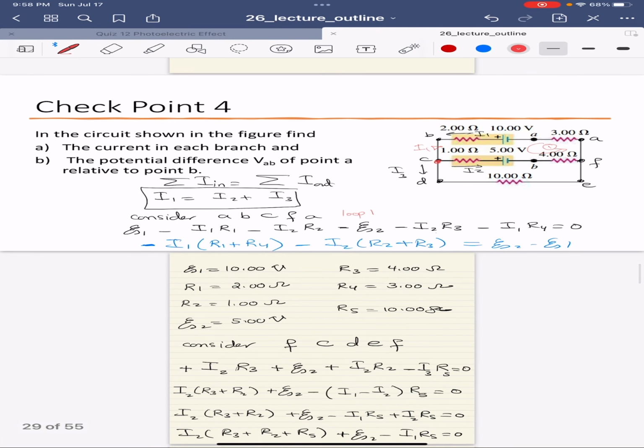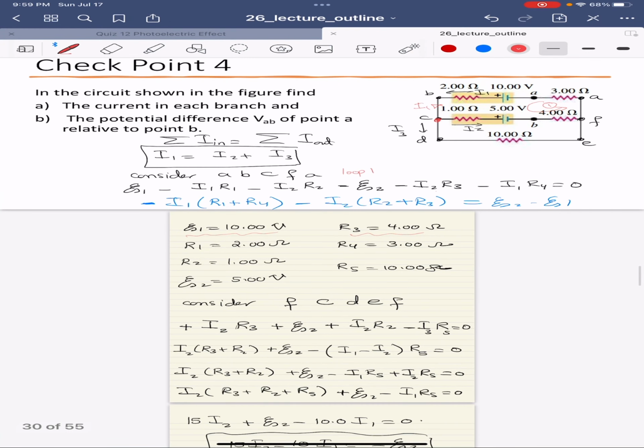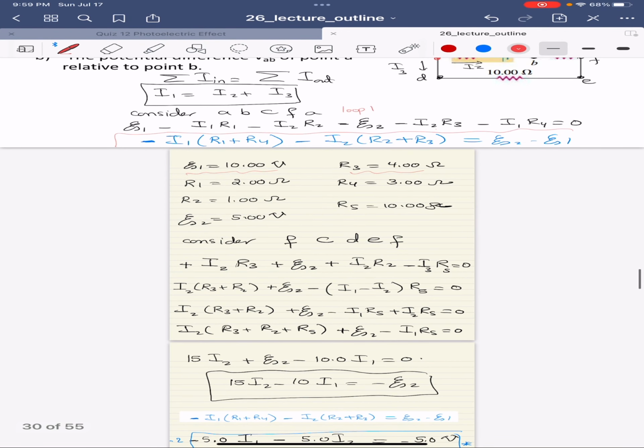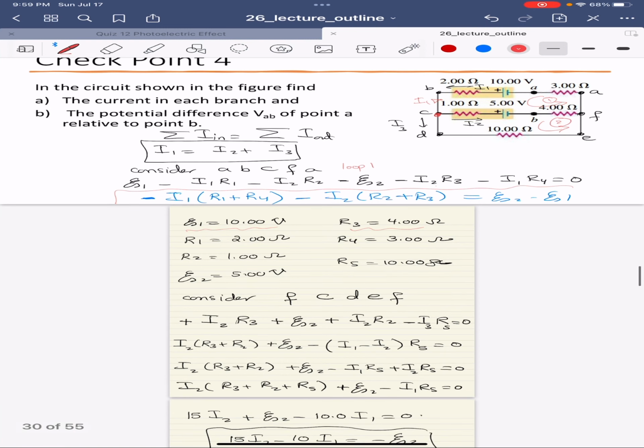Here I wrote for you the value of E1 and the values of all the R's. Then I collect the like terms, and finally this is one of the equations that I'm going to use. I have two unknowns.